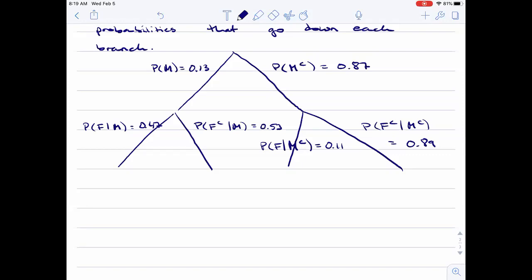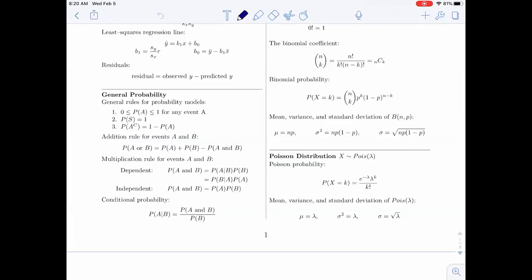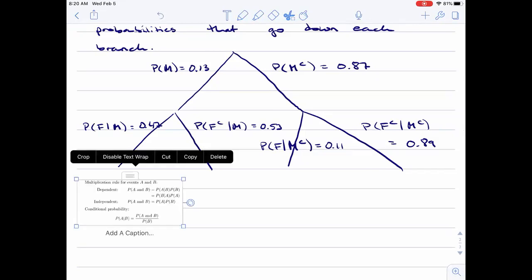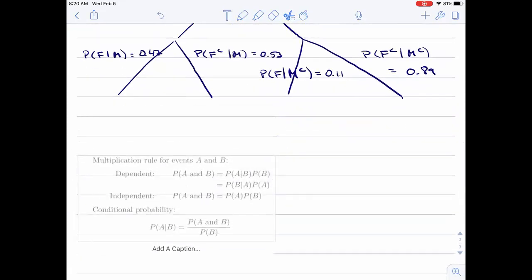If we think about these conditional probabilities, we talked about the general multiplication rule. Where was it? Formula sheet here. Here's our formula sheet, or at least the relevant bits.